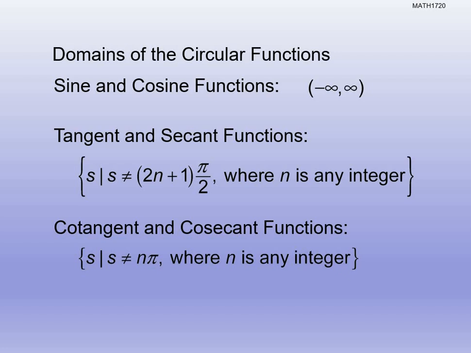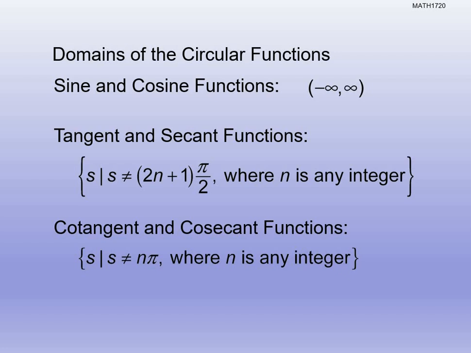Remember, tangent will not, right? Remember, we covered that because tangent is really what? Sine over cosine. Anytime cosine was equal to 0, we created an asymptote in the tangent graph. It was undefined. We had division by 0. That's why secant also isn't from negative infinity to positive infinity, because secant is 1 over cosine.